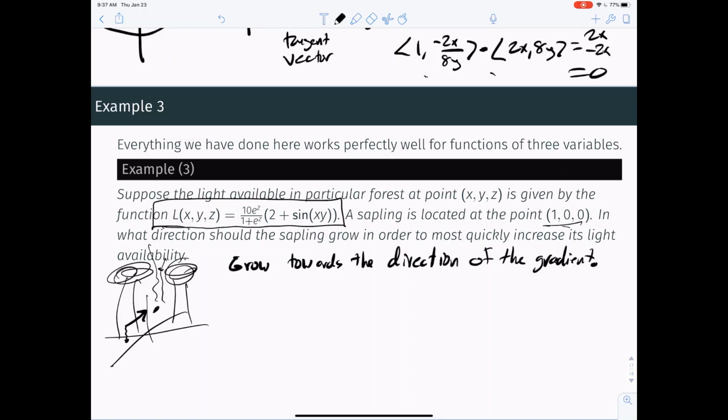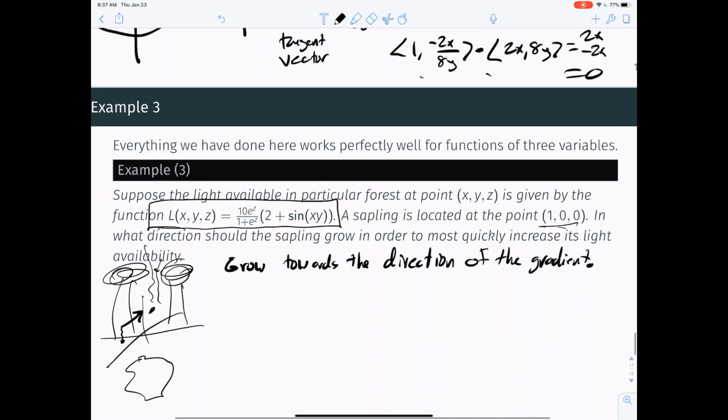Okay? Now, before we do this, you might wonder, how is the plant going to know how to compute the gradient and then grow in that direction? Well, it's probably not going to compute the gradient. But imagine you have a leaf here, and a certain amount of sun hits here, here, here, here, and here. It could probably figure out there's more sun hitting here than there, more sun here than there, and so it can figure out that this is the direction it should go because there's more sun in that direction.